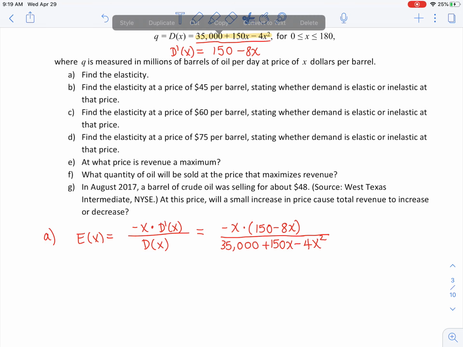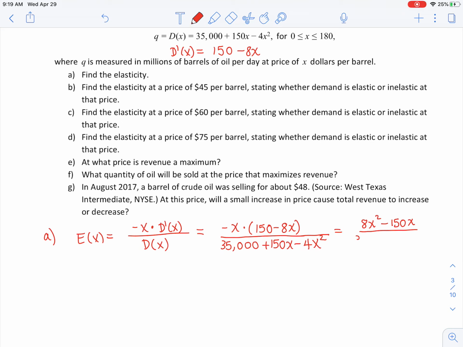Because this was a textbook problem, I think what they did was simplify it. We can distribute this and get 8x squared minus 150x. When I distribute it, I just move the 8x squared to the front. And then 35,000 plus 150x minus 4x squared. And that's okay. This is fine.